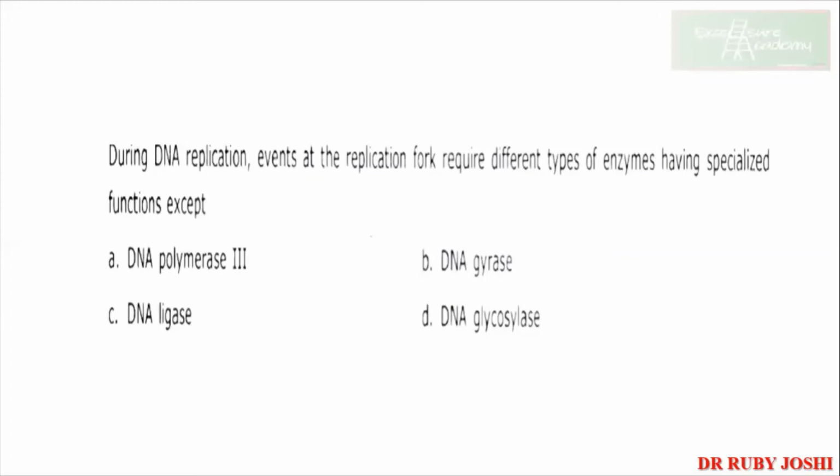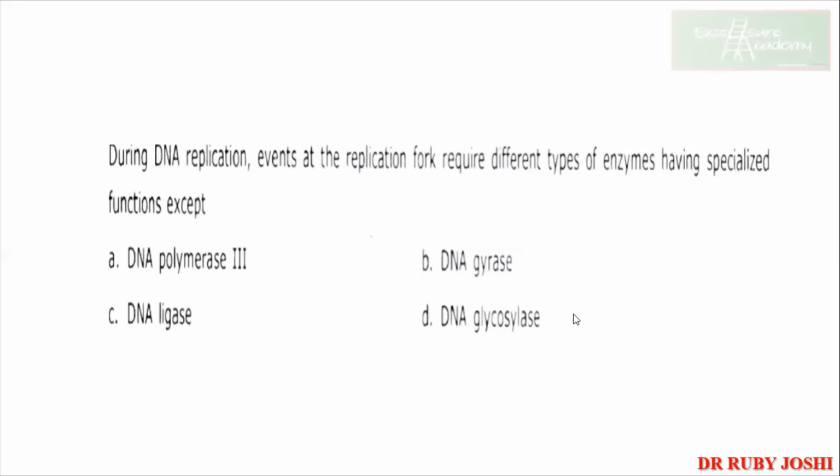DNA glycosylases are the enzymes responsible for DNA repair. For example, if by mistake uracil has been added, then DNA glycosylase is responsible for removing the uracil. It breaks the bond between the deoxyribose and the base, uracil.